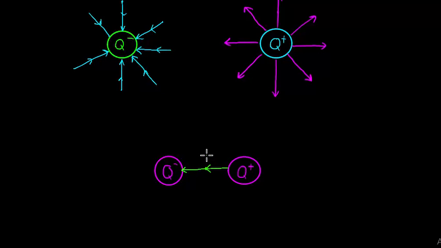What about if I put him here? Well, here he will experience an attractive force in this direction and a repulsive force in that direction. So as I get closer towards this one, the repulsive force will be stronger, repelling it away.